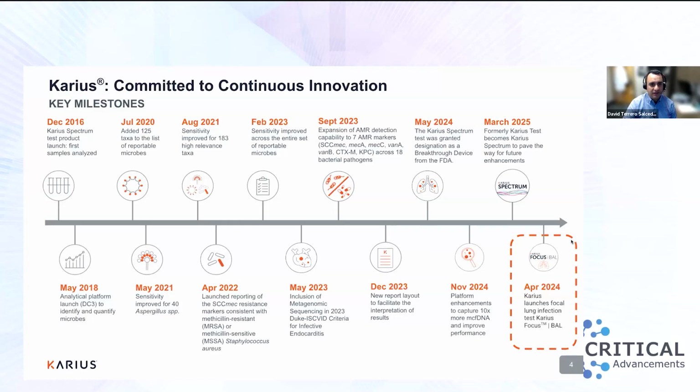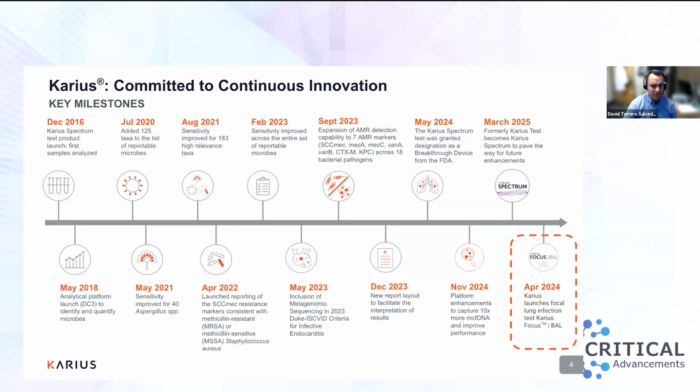So the Karius test has definitely not been here just recently. It's been out for a while. I can recall even when I was in fellowship around 2018 to 2020, I was just introduced to the test by some of my attendings. At the beginning it was pretty rarely used, but as it has expanded its diagnostic utility, it has become what it is today, this year, when Focus BAL was launched.